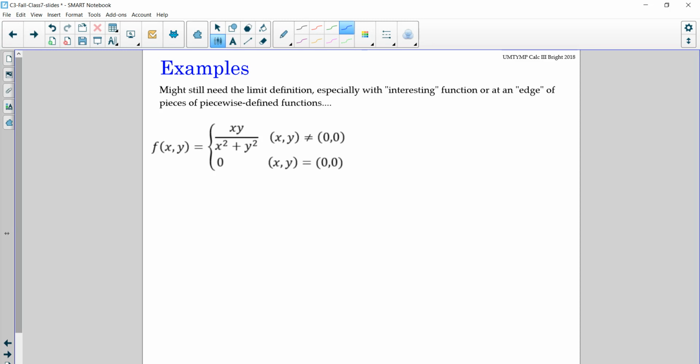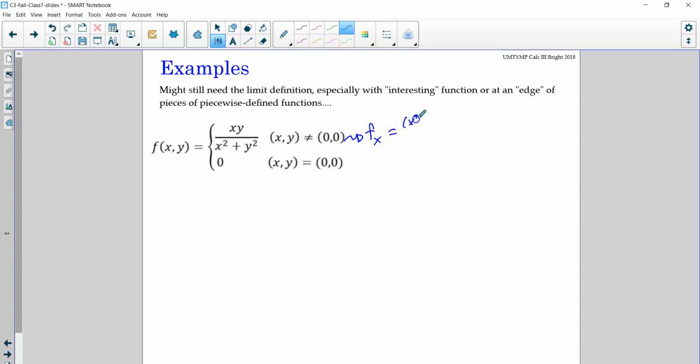If I were to, I could find the partial derivatives of this function at any point not 0. If I look at the partial derivative of f with respect to x, away from the origin, then I can use the quotient rule.